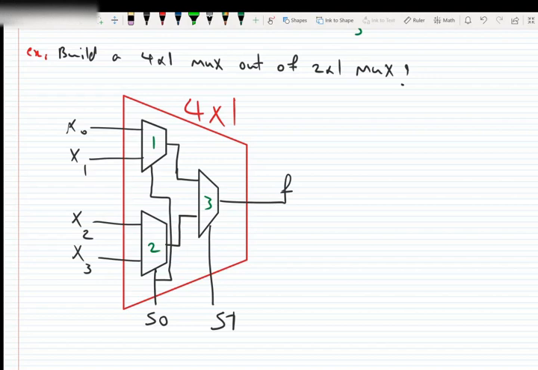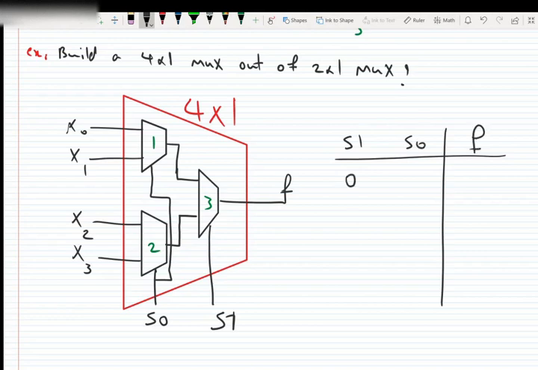Okay, so let me explain how this design works. Here we have the truth table, and we have S1, S0, and output. First, let's see S1 and S0 both are 0. What's happening? Because S1 is 0, these outputs will be connected to the third multiplexer, and because S0 is 0, X0 will be connected to the output of multiplexer 1.